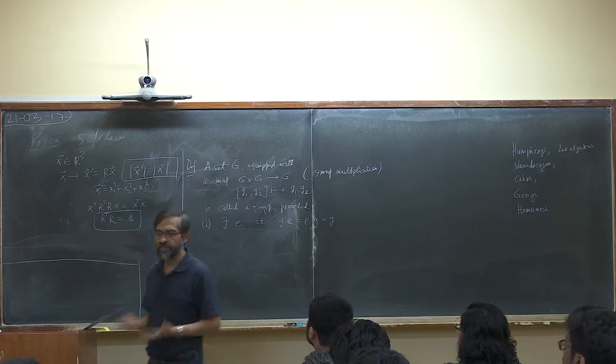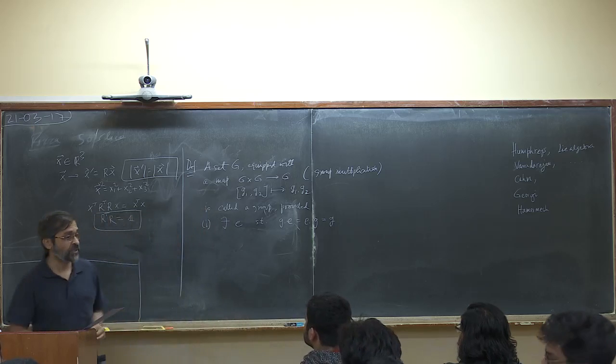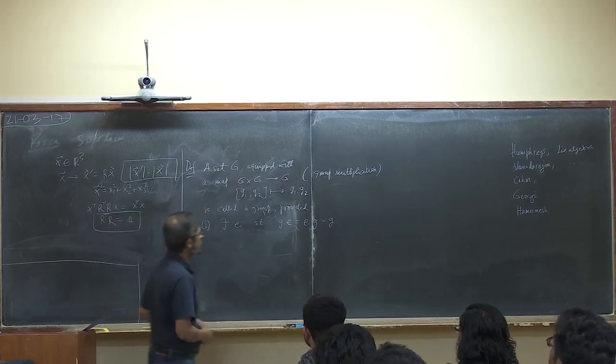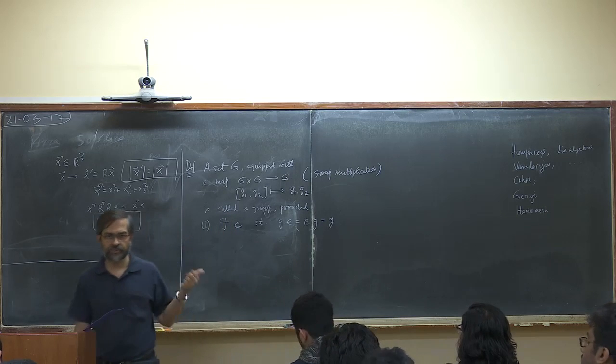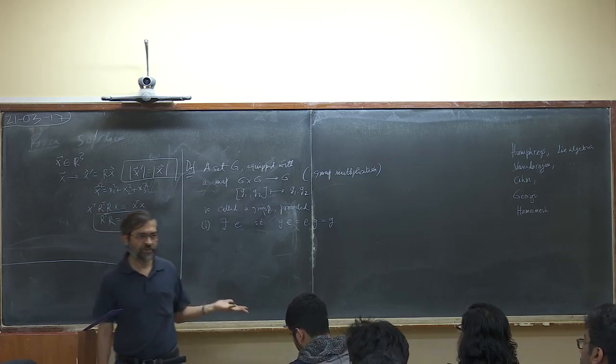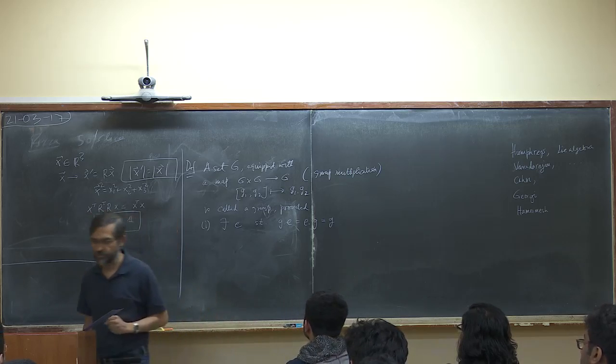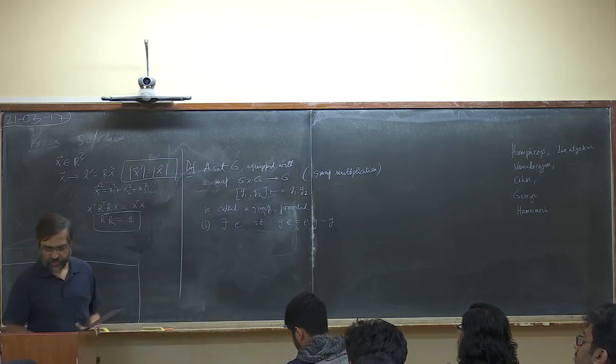Generically, multiplication will not be commutative. Commutative groups are also called abelian groups. The concept is clear. G1 G2 should be the same as G2 G1 for abelian groups, but generically that is not the case.